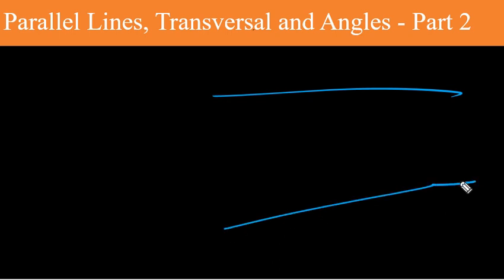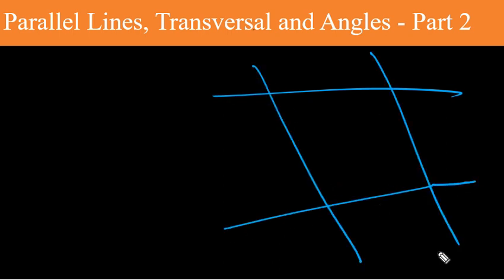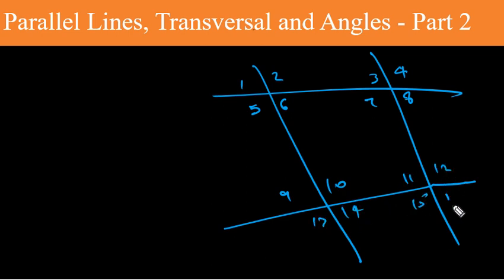One last question, and that is we have two parallel lines. Okay, let's take this one. Transversal lines. You have transversal lines. Now let's say this is angle 1, 2, 5, 6. Let's just write all that. 3, 4, 7, 8, 9, 10, 11, 12, 13, 14, 15, and 16.